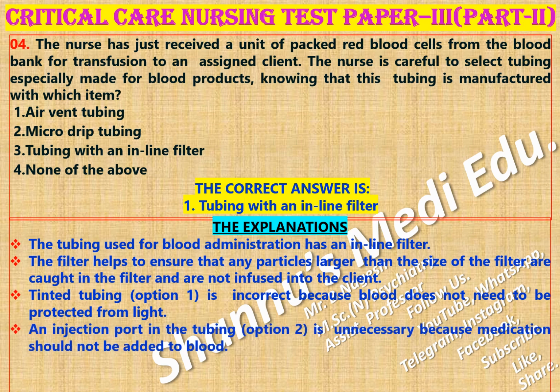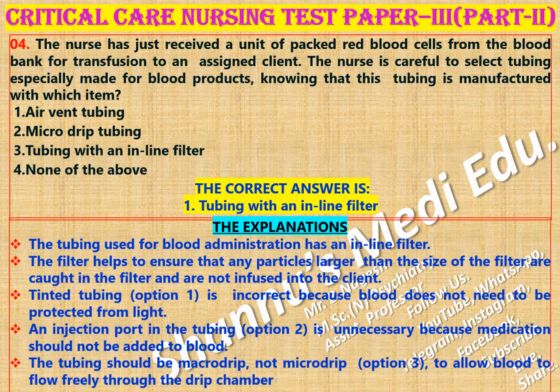An injection port in the tubing is unnecessary because medication should not be added to the blood. The tubing should be macro drip, not micro drip. Option 3, tubing without the inline filter, would not allow the blood to flow freely through the drip chamber.